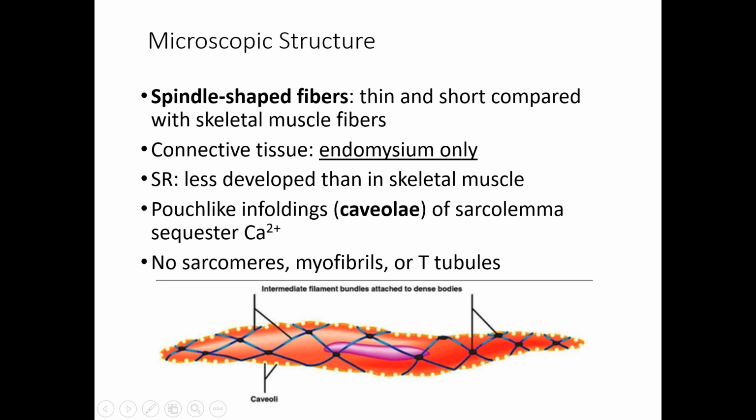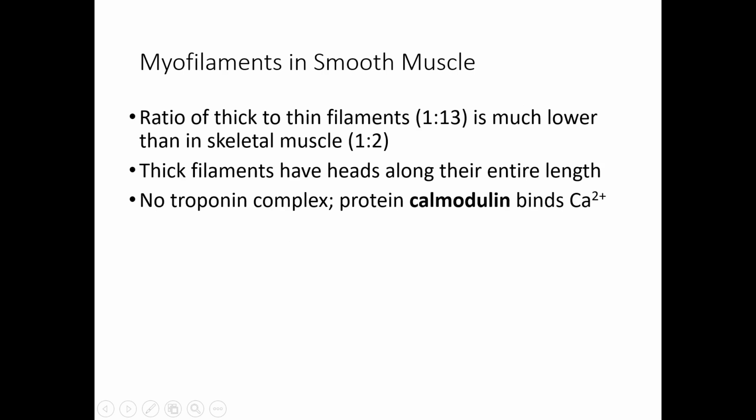Instead, there are special structures right here, caveolae. They work as a calcium storage, and they allow smooth muscle to get calcium from the fluid outside of the muscle cell. There are no sarcomeres, no myofibrils or T-tubules, so the whole structure is simple.